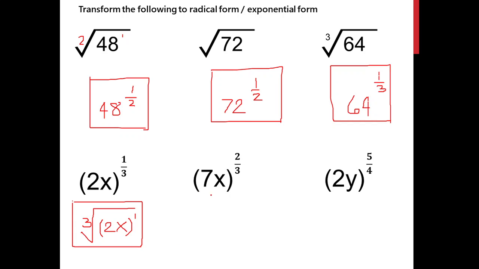Next, this one. The quantity 7x being raised to the power 2 thirds. Again, the denominator of your exponent is your index. The numerator of your exponent is the power of your base. So since 3 is the denominator, this is a cube root. Your base becomes your radicand.